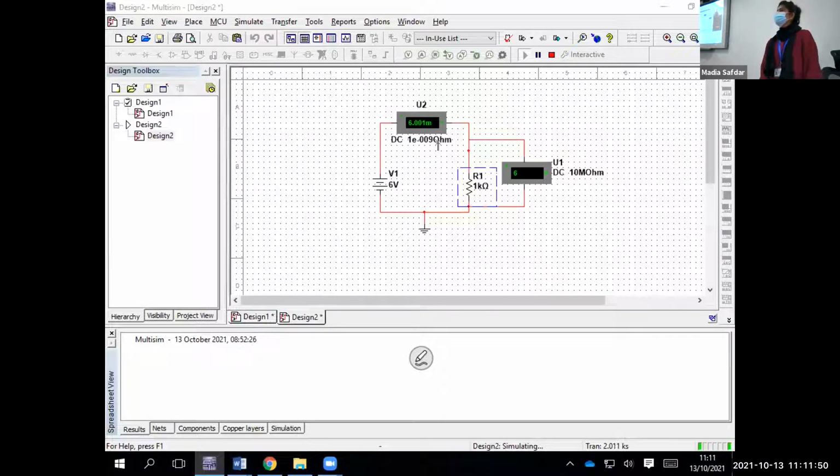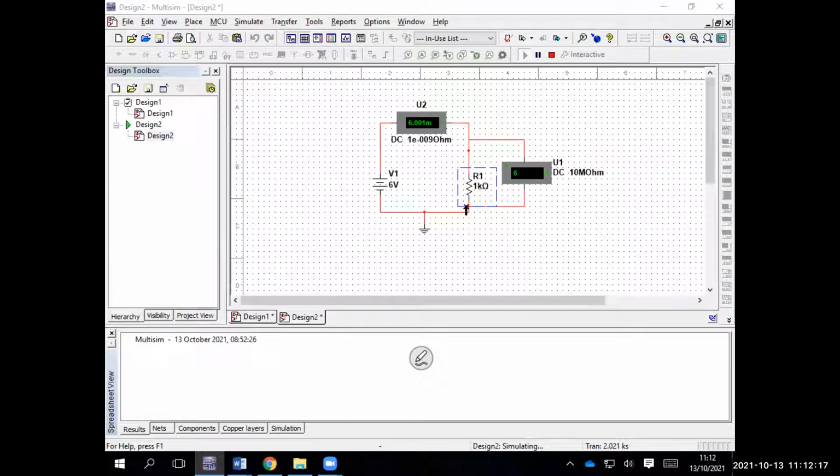Are you familiar with Multisim? Were you present in the previous class? Yes. So you know how to make this circuit? Yes, all of you? Okay. So quickly try to make this circuit in the lab and also online. All the Zoom students, please simulate this circuit. Doctor, this is the same circuit we did in the last lecture, right?